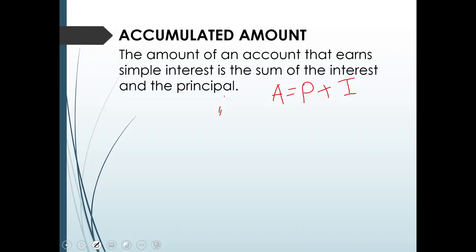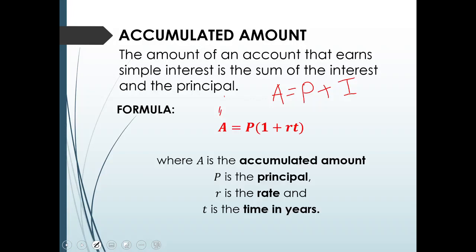So principal plus interest, or another formula, A is equals to the principal times 1 plus RT. The same thing, R is in percentage divided by 100, T is always in years.